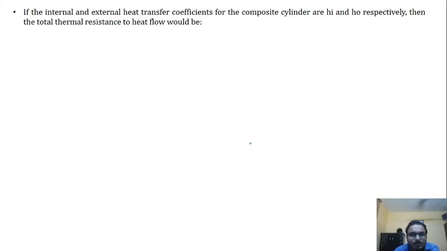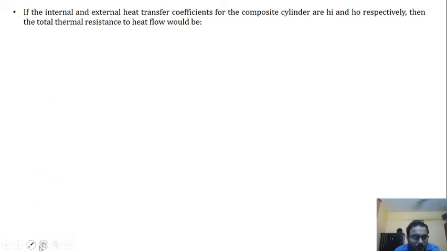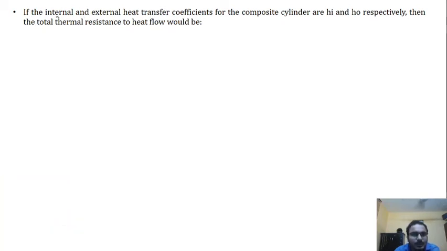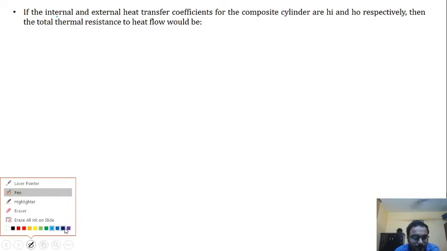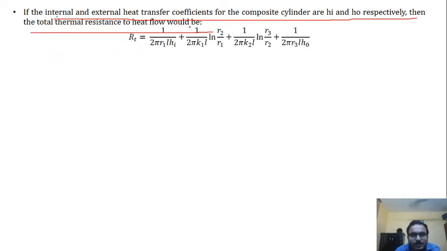Now here, if the internal and external heat transfer coefficients for a composite cylinder are Hi and Ho respectively, then the total will be like this.